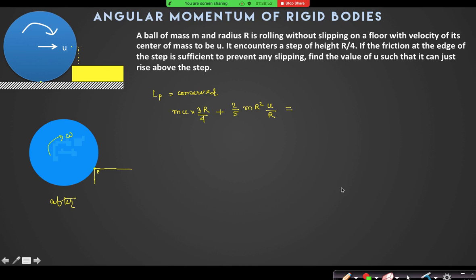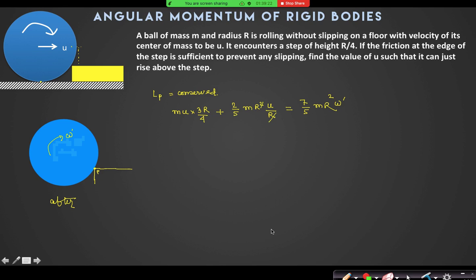And finally, can I say that it is pure rolling about point P? So its angular momentum will be 7 by 5 mr square omega prime. I can find omega prime from there. So it is 2 by 5 mru plus 3 by 4 mru.